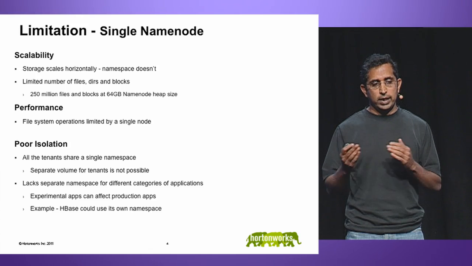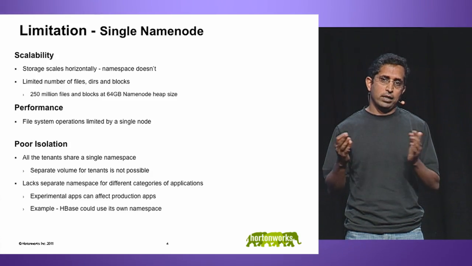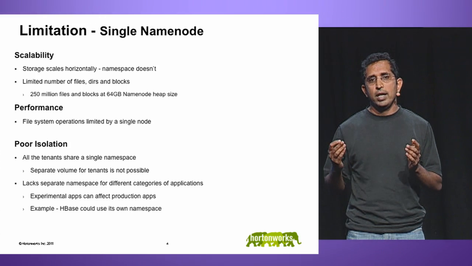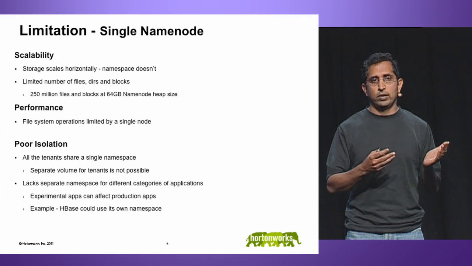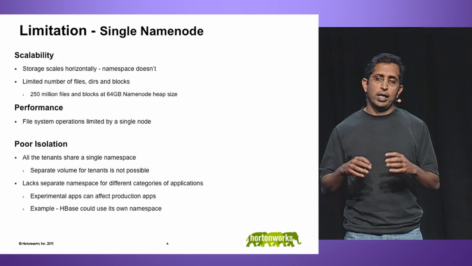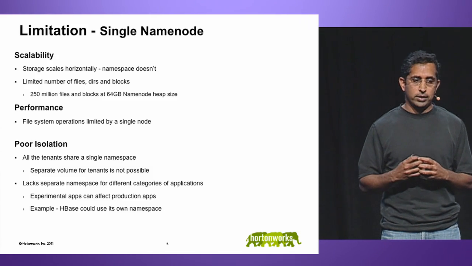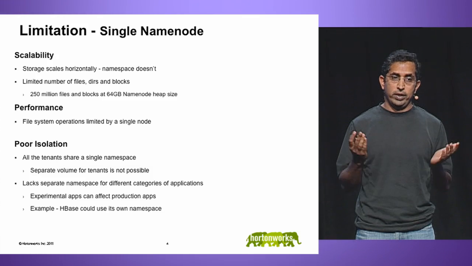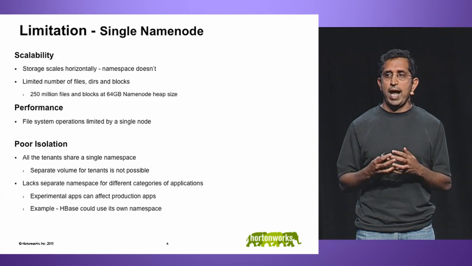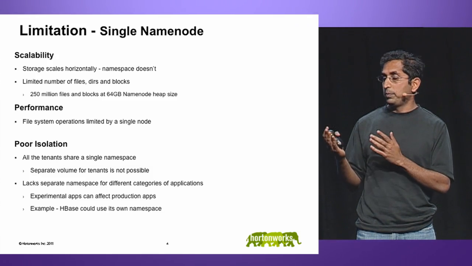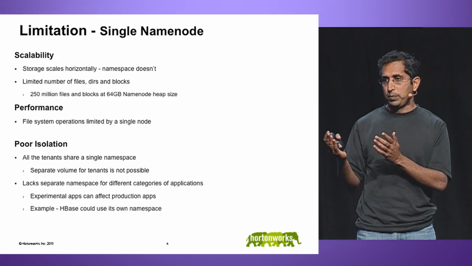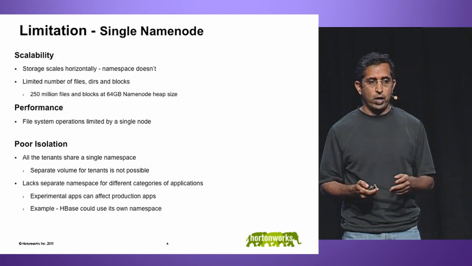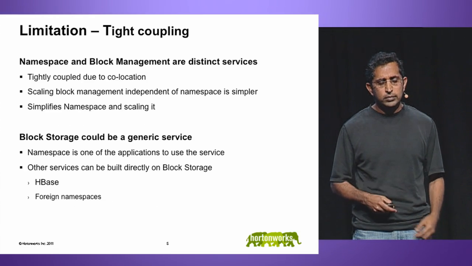We have also seen that this lack of separate namespaces results in some of our clusters in an experimental application overloading the name node and affecting the SLAs for our production clusters. You could also look at applications of different categories. For example, you might want to have a namespace for HBase which is separate from other applications on the cluster.